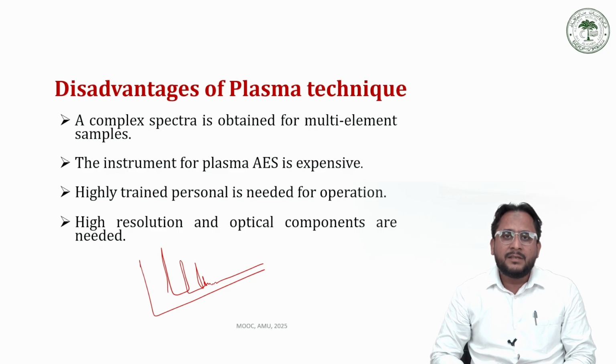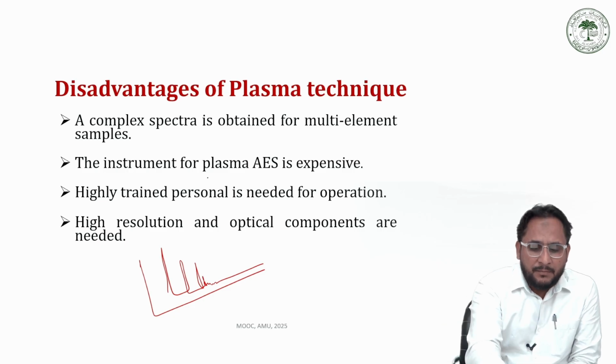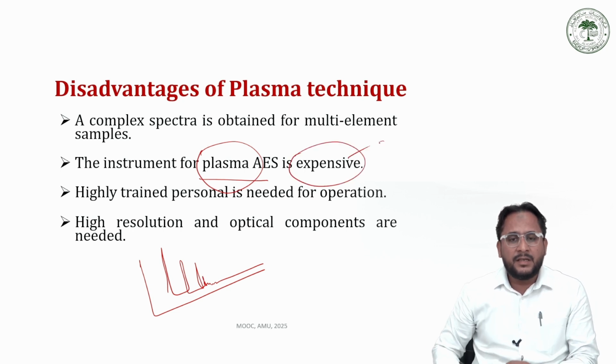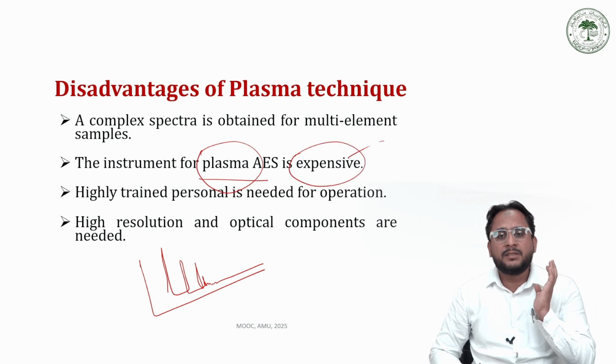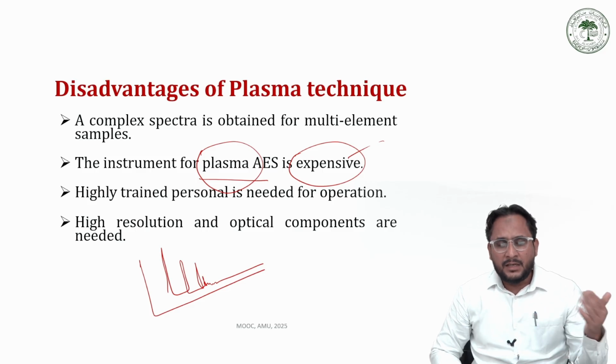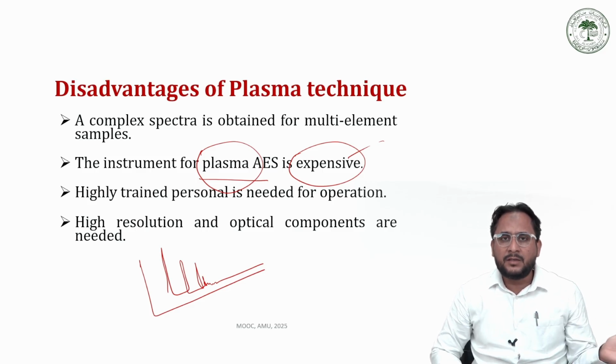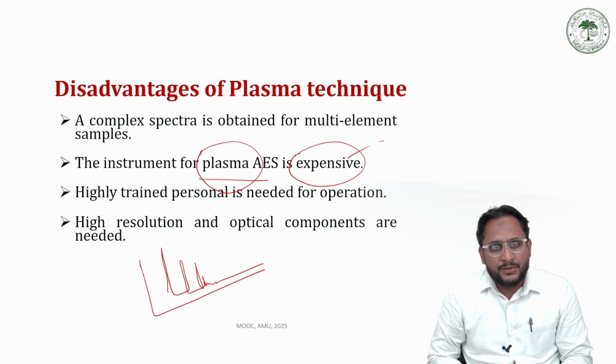The second demerit is that because of the plasma source, the AES becomes very expensive. If an AES is using a plasma as excitation source, the cost is very high as compared to its counterparts like electrothermal excitation sources or the flame excitation sources.